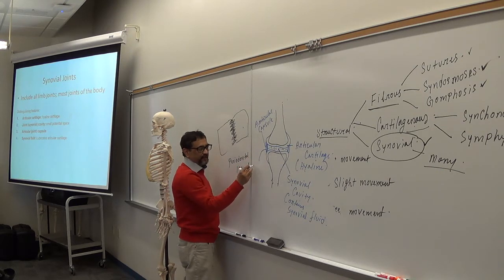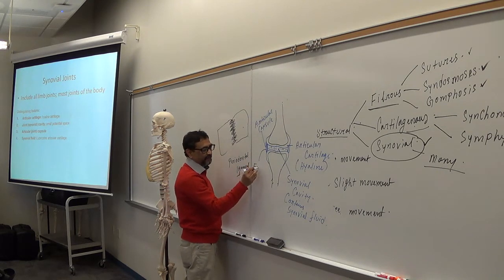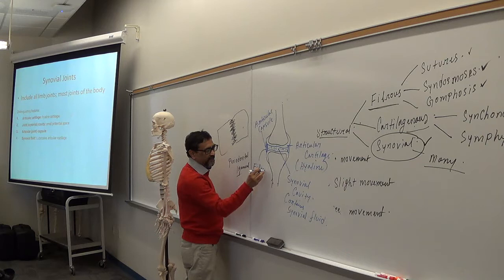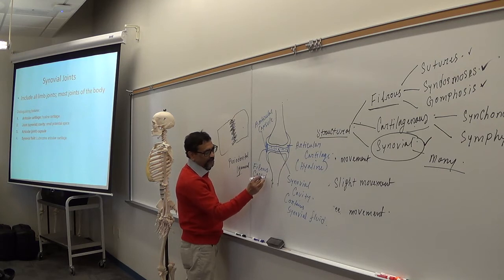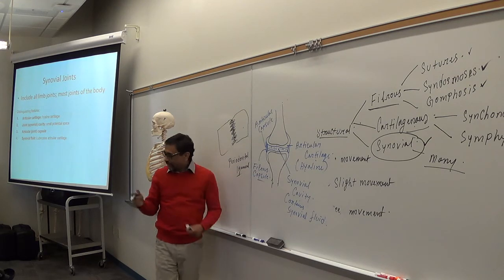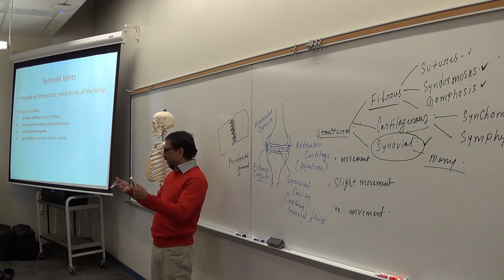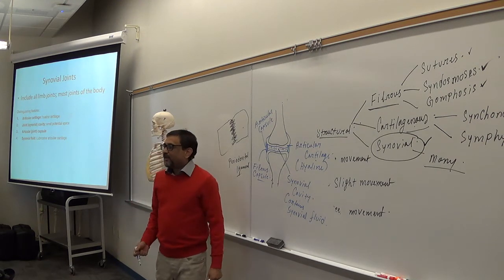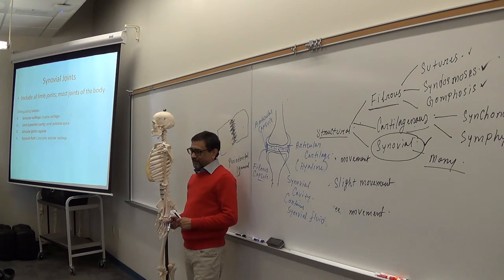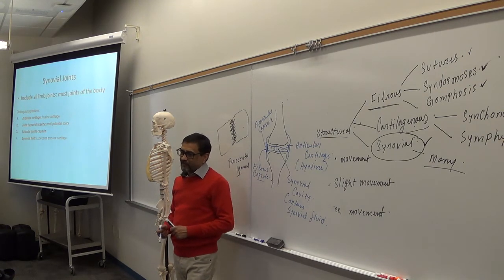Outer layer is fibrous. Fibrous is tough or weak? I mentioned it before. Fibrous structure is very tough, right? More fibers, tough. That's it. So outer one is fibrous layer or fibrous capsule.